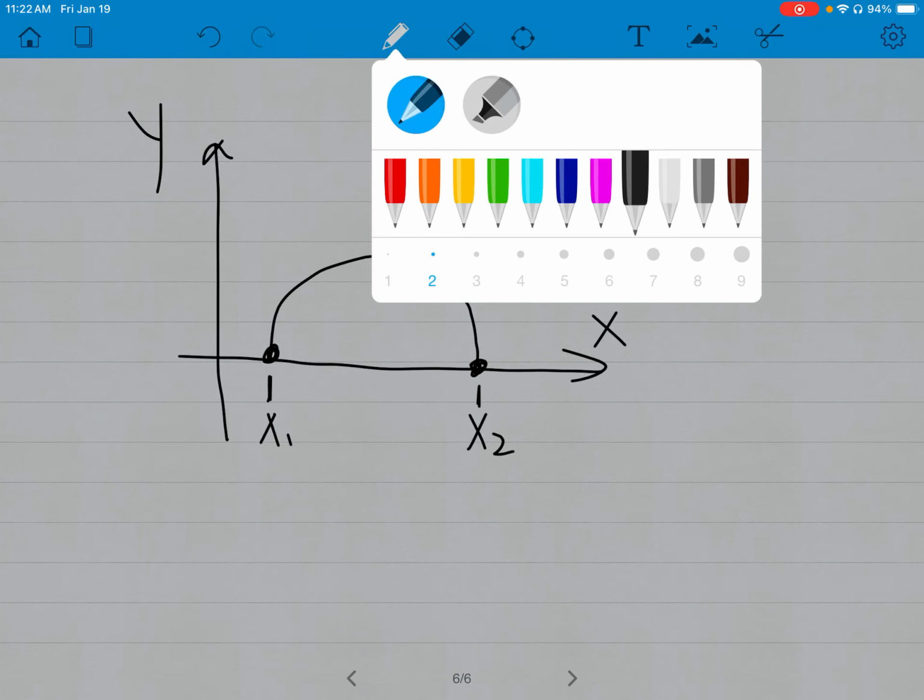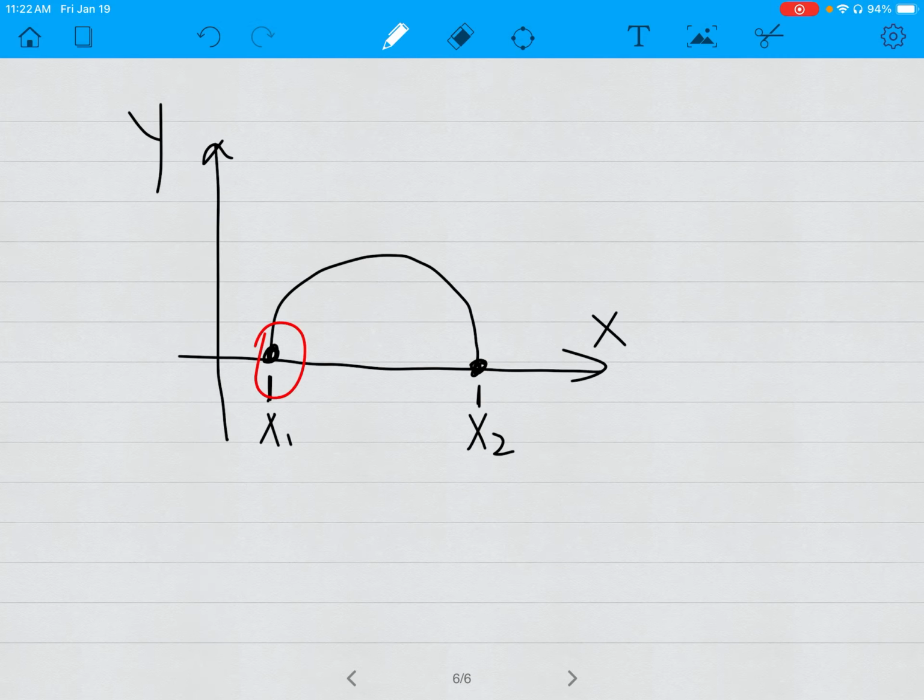So for example, when considering this endpoint on the left, we can ask ourselves, if we want to know if it's continuous there, does the limit exist? But we're only going to be considering the limit as we come from the right. Okay, we're not going to be looking at it from the left because there's no function over here. It's not defined at that point. The function actually starts at the value of x1.